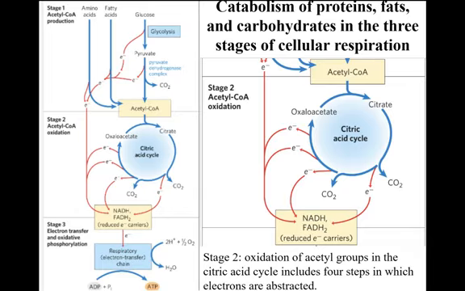And so in stage 2, when we have the acetyl coenzyme A, it gets oxidized and thus goes through this citric acid cycle, and produces carbon dioxide and also NADH and FADH2, which are electron carriers that will be used for stage 3.